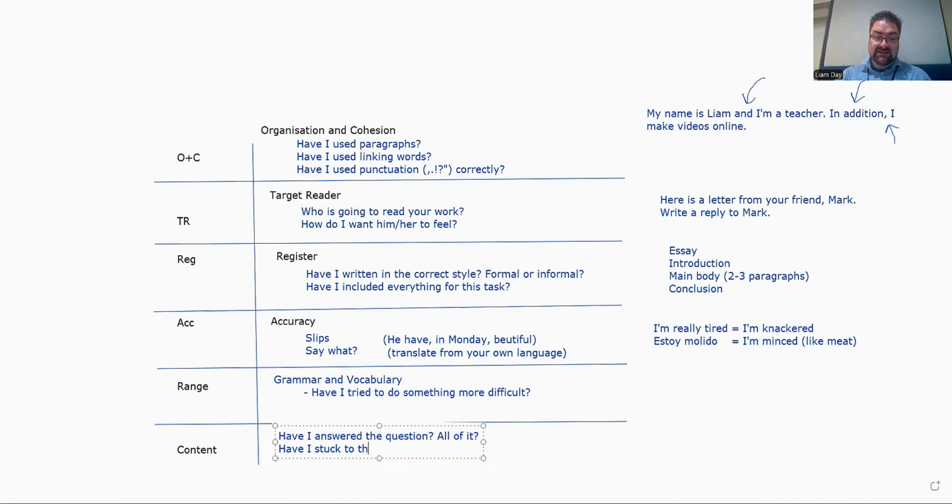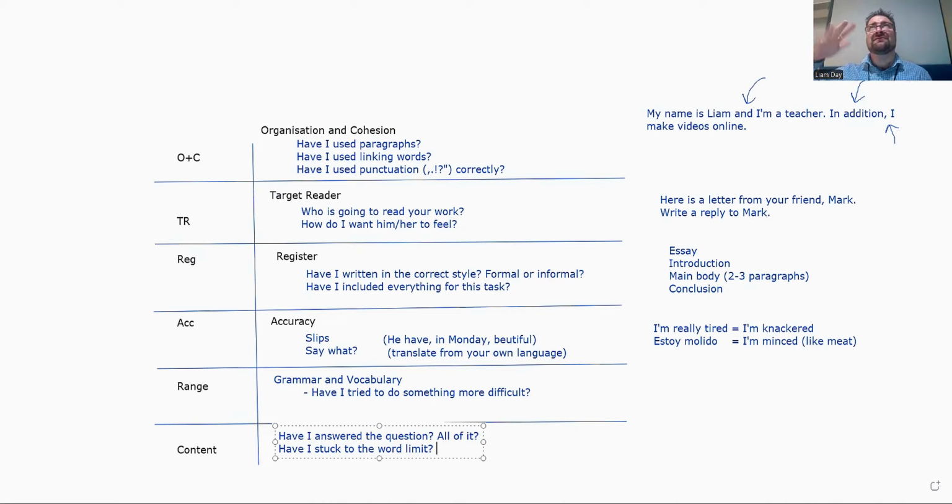And have I stuck to the word limits? Some exams give you a number of words and you need to be inside. So 140 to 190. Some exams ask you to write more than a certain amount. Okay, so I believe in the TOEIC, they ask you to write more than a particular number of words.